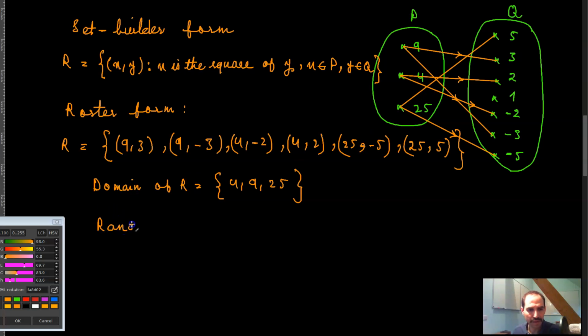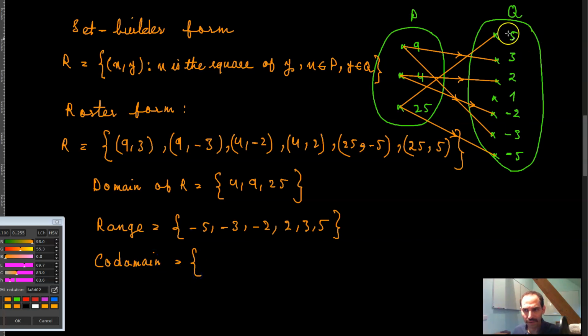Your range is all of the elements that have been mapped to, which is -5, -3, -2, and 2, 3, and 5. And your codomain is all of these elements that you can see over here. So you have -5, -3, -2, 1, 2, 3, and 5, which is incidentally also equal to Q, right?